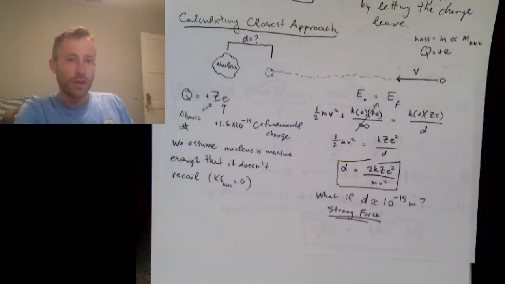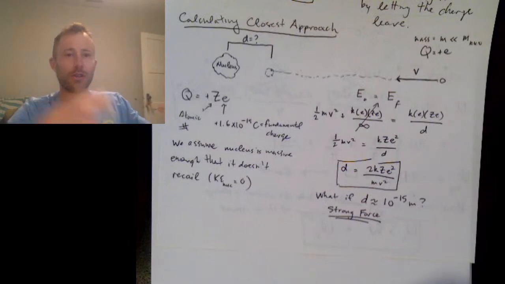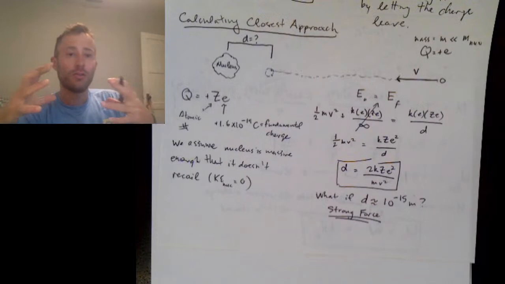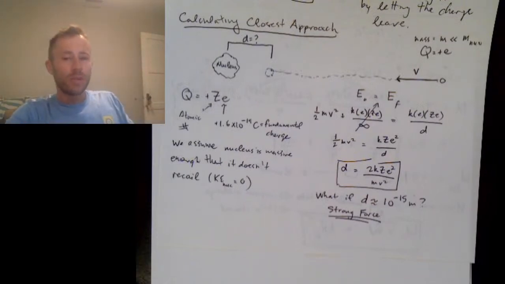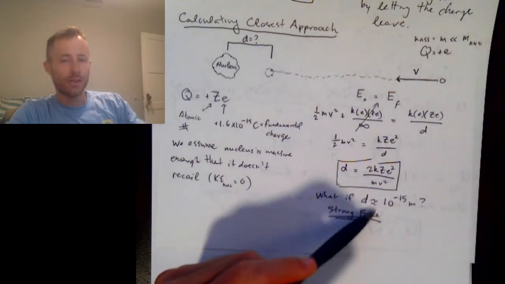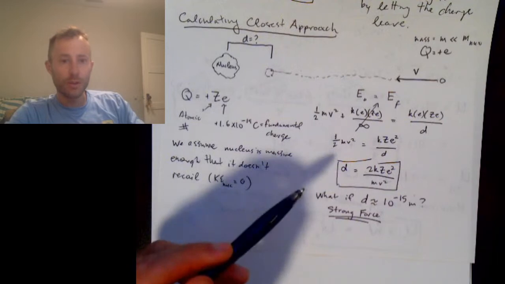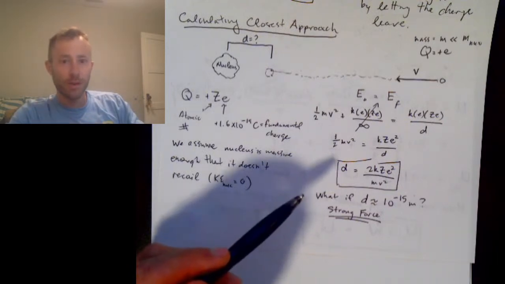It's so strong that even though the protons in the nucleus are repelling each other electrically, the strong force is stronger than that repulsion, and the nucleus holds together, okay? But the thing is that the strong force only works if the two particles are really close together, okay? You have to be about 10 to the minus 15 meters apart in order for the strong force to kick in, okay?